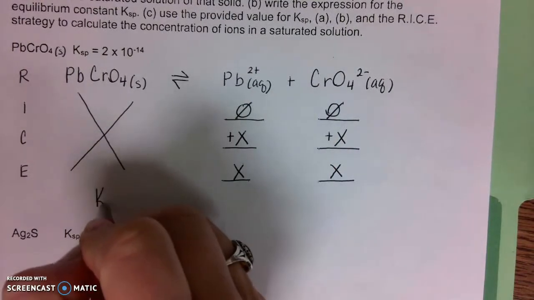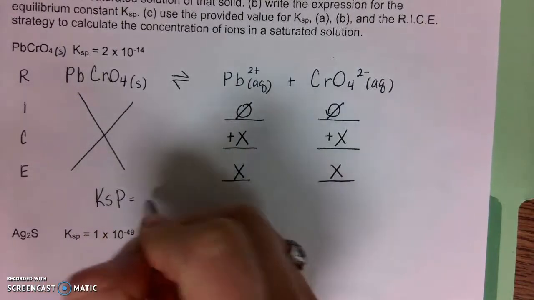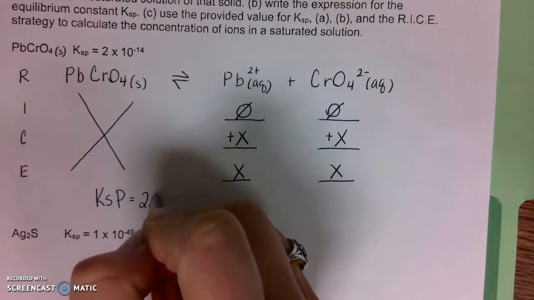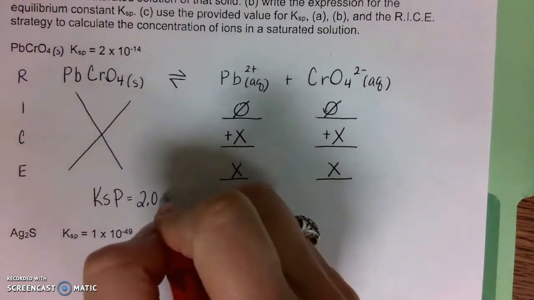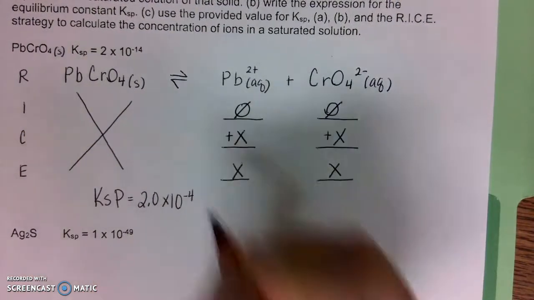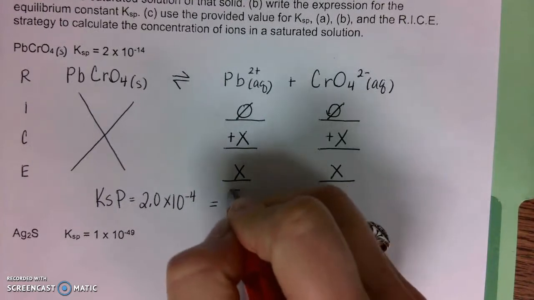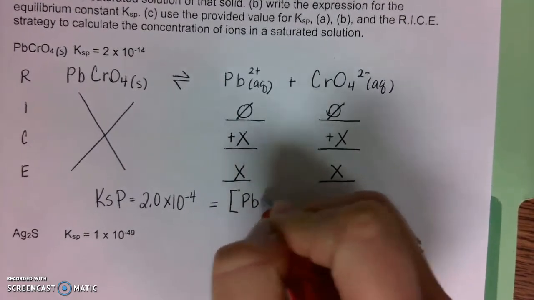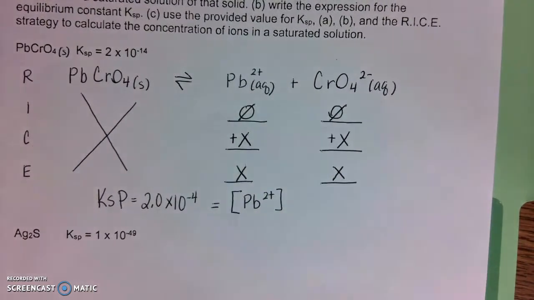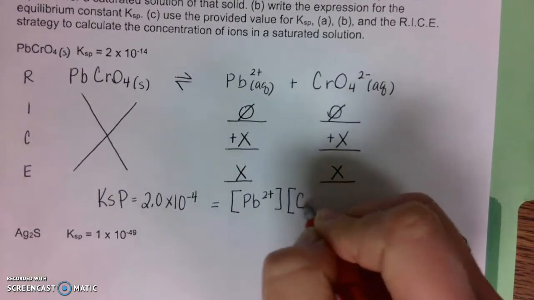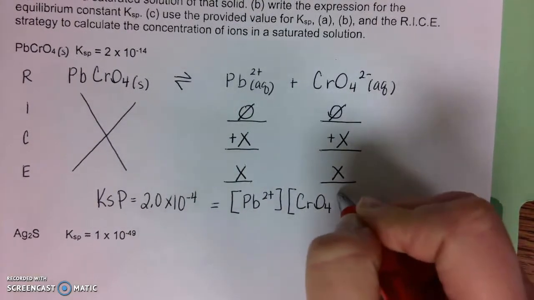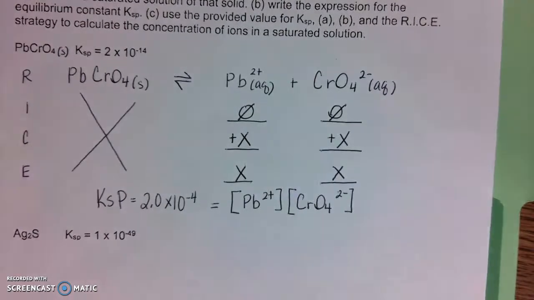So my Ksp is equal to 2.0 times 10 to the negative 4th, and that's equal to Pb2 plus concentration and CrO4 2 negative concentration.